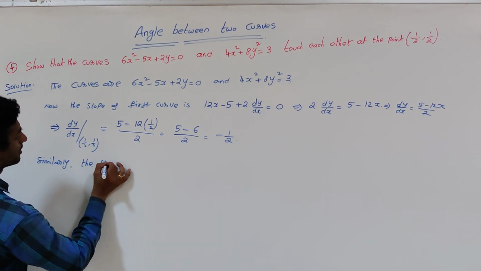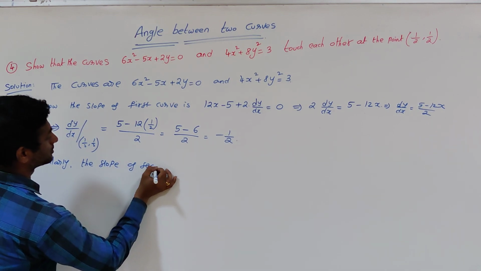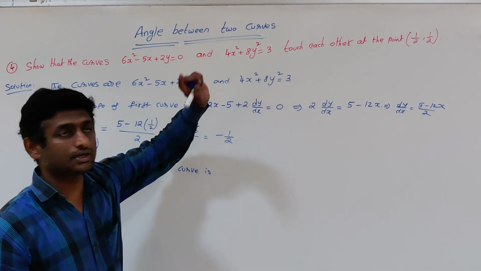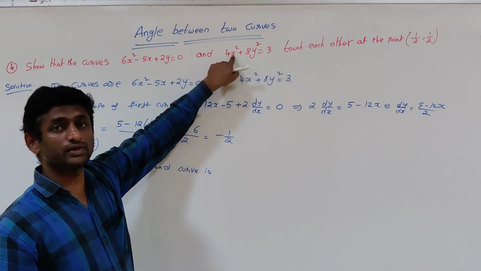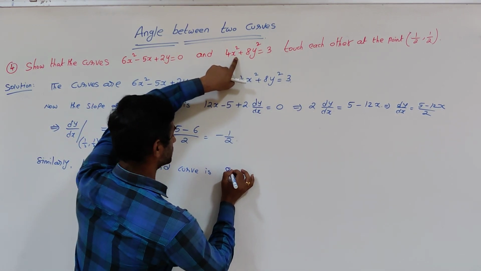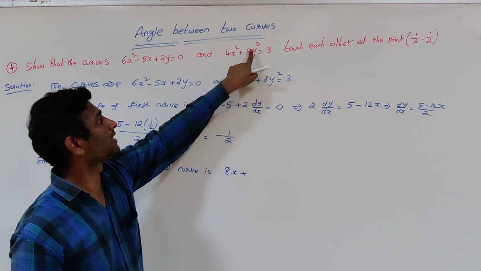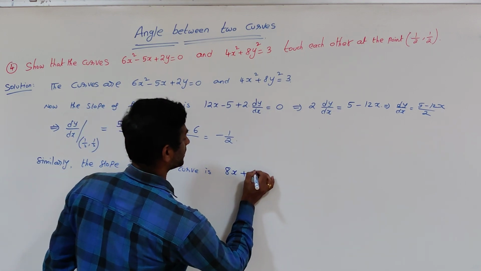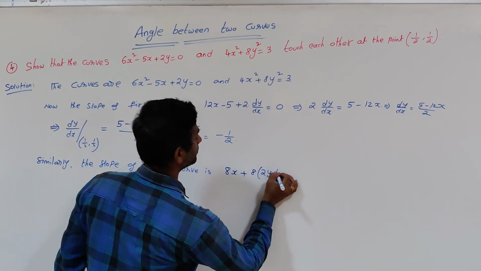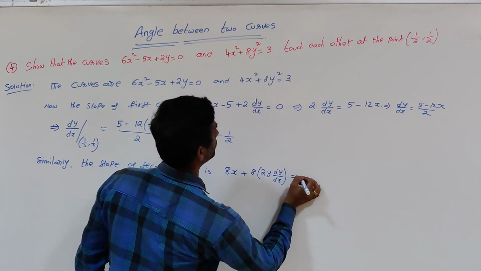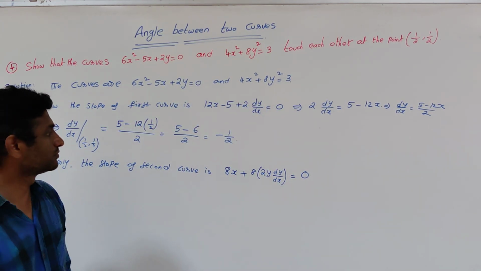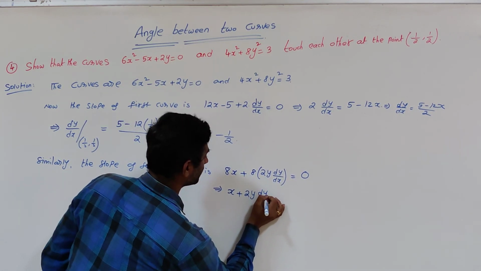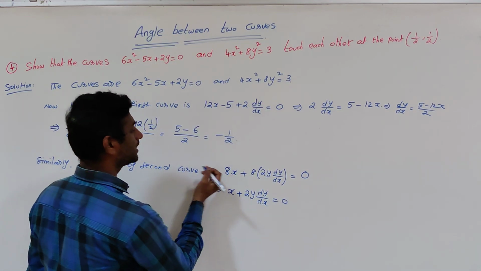Next, similarly, the slope of the second curve is, differentiate the second curve, 4 into derivative of x square is 2x, so it will be 4 into 2x is 8x plus 8y square, 8 is constant, derivative of y square is 2y dy by dx, so 8 into 2y into dy by dx is equal to 0, as the derivative of 3 is 0, or x plus 2y dy by dx is equal to 0, as we can take 8 outside.